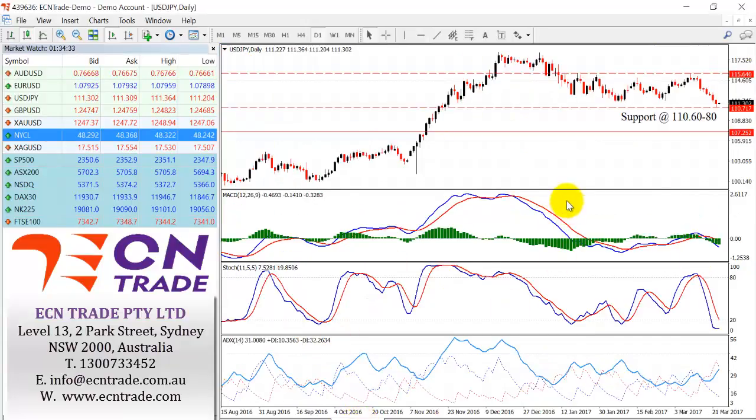Well, dollar yen, very disappointing that the bulls are still not taking the market higher, should I say, although we did see a very firm response after printing a low of 71 overnight on 110.